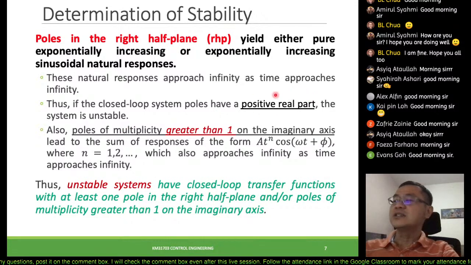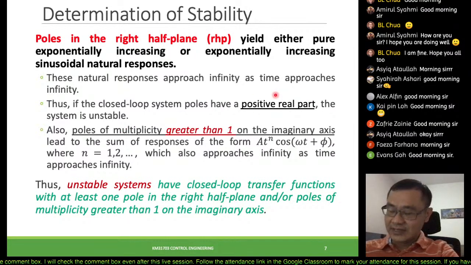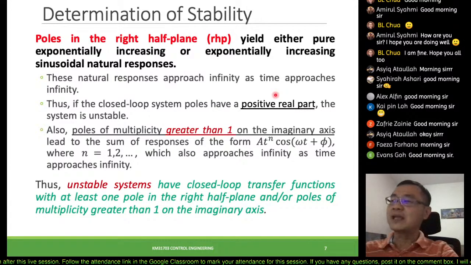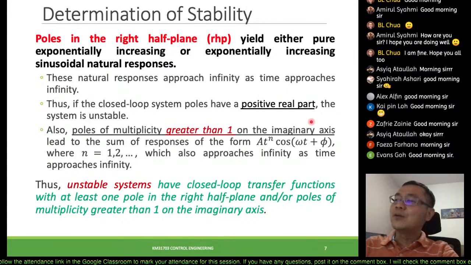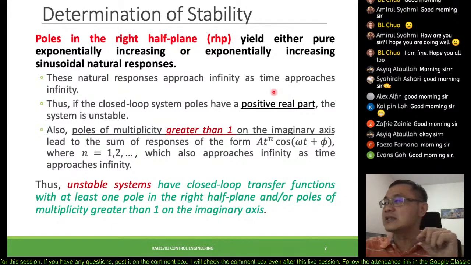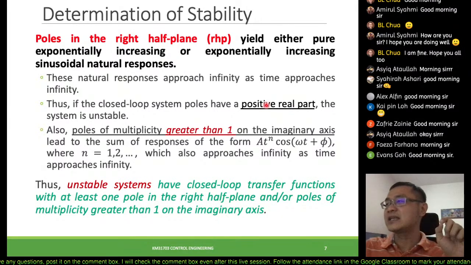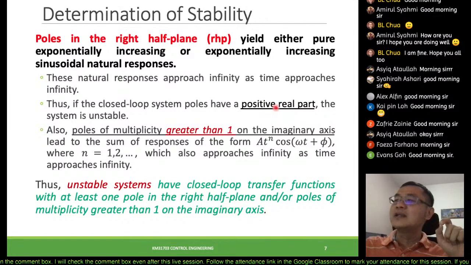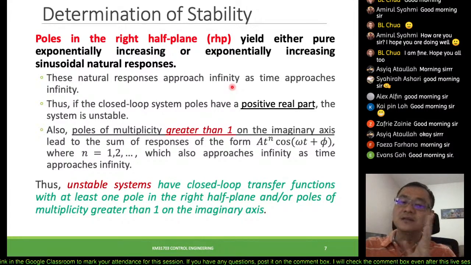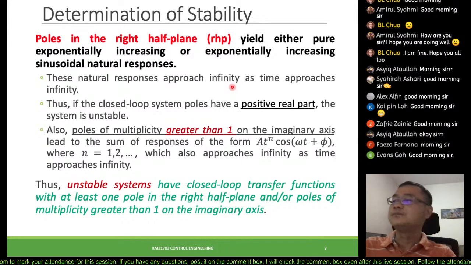In other words, if the pole consists of a positive real part, then the system is unstable. This is the important characteristic for knowing whether the pole is on the right half plane or not. If it has a positive real part, then for sure it is unstable.